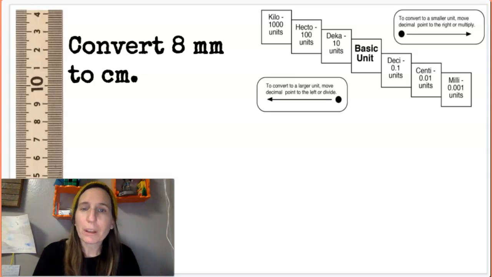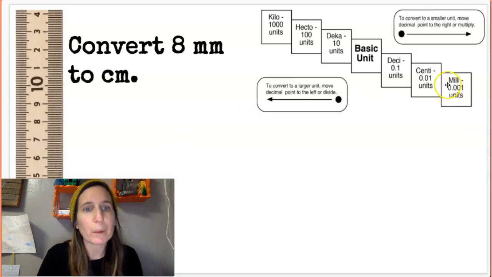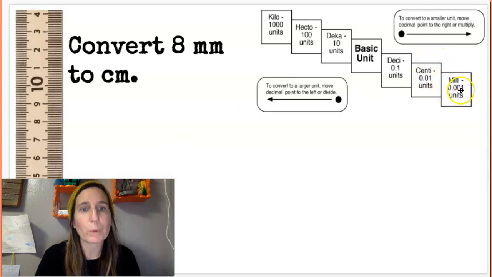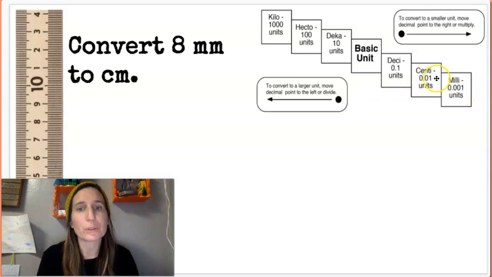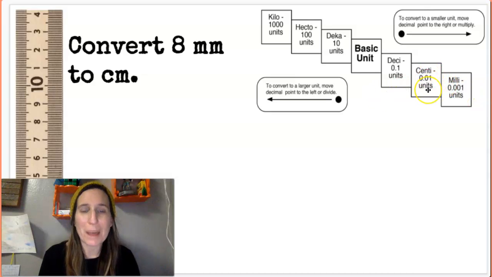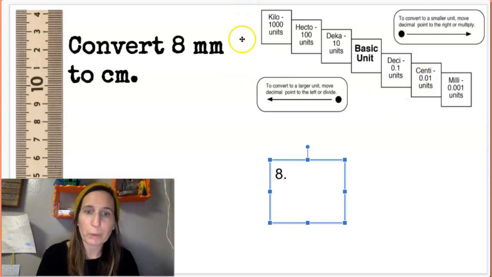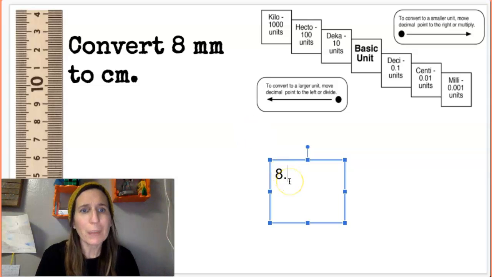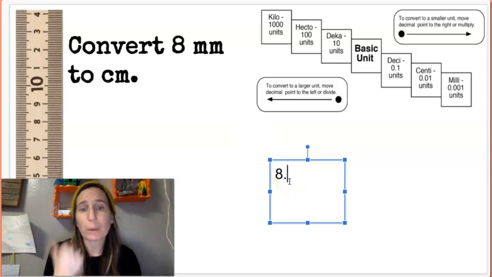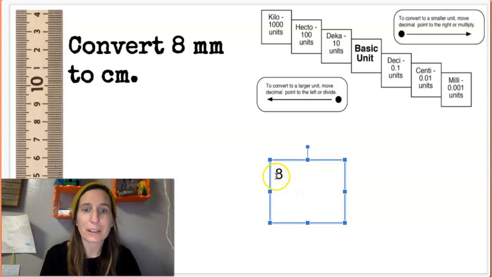We want to convert 8 millimeters to centimeters. If we look at millimeters and we want to convert to centimeters, we want to move the decimal point to the left and divide by 10, because a centimeter is 10 times bigger. We have 8 millimeters, where the decimal point would be right after it. We move the decimal point one place to the left, or divide by 10, and now we have 0.8.